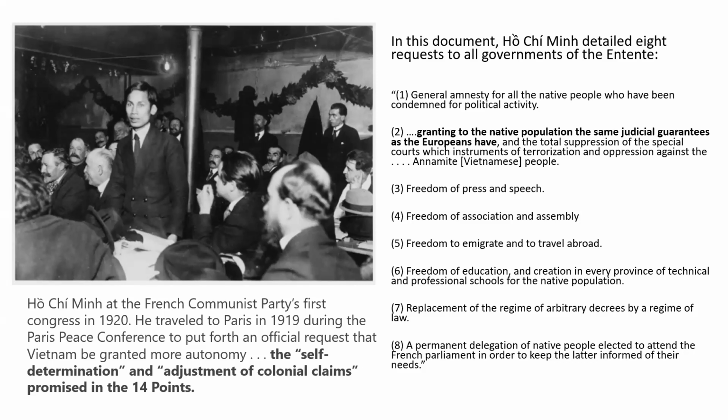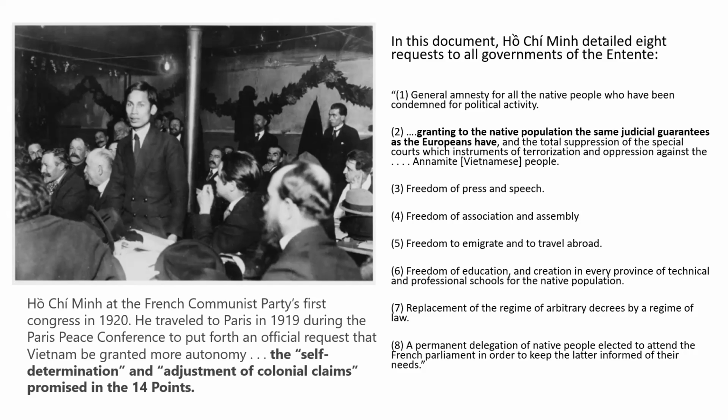He had already started to read Marxism-Leninism. He had joined the French Communist Party. And in this document, he tried to use the word like the Western Enlightenment against them. He talked about how the people of Vietnam need self-determination and how the French should adjust their colonial claims. Those are phrases straight out of Woodrow Wilson's 14 points.